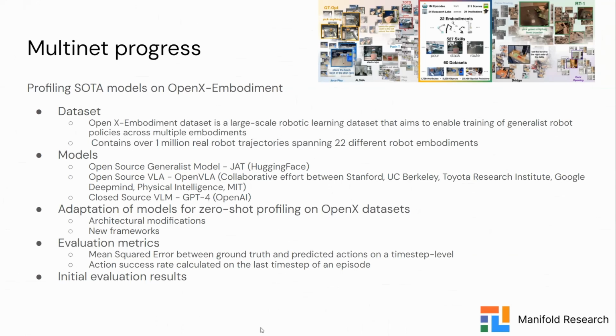And OpenVLA is fine-tuned on a very small subset of OpenX. And obviously GPT-4 is pre-trained only on vision language data. So architectural modifications or building entirely new frameworks went into adapting these models to be profiled on OpenX. And we'll be talking more about that in the coming slides.